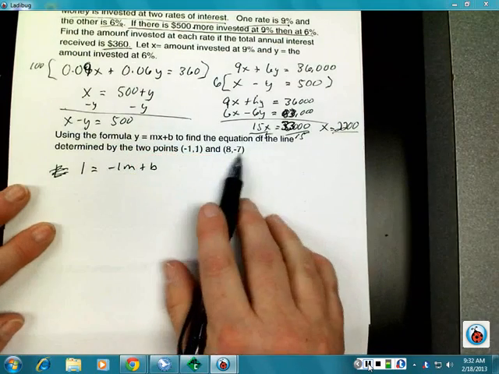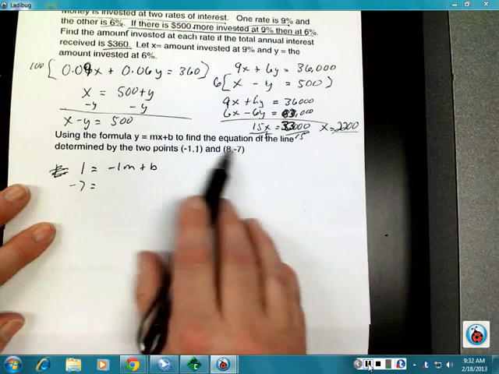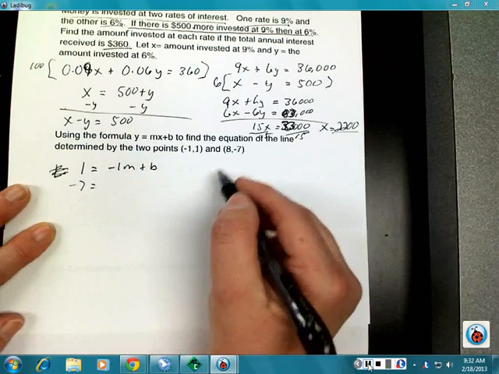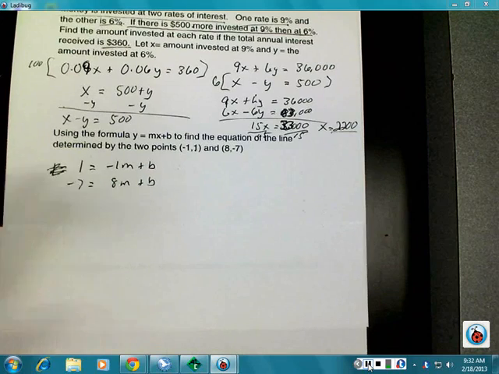And then I'm going to do the same thing with my other point. So -7 is equal to 8m plus b. And that becomes my two equations.